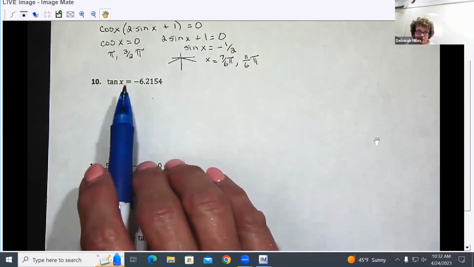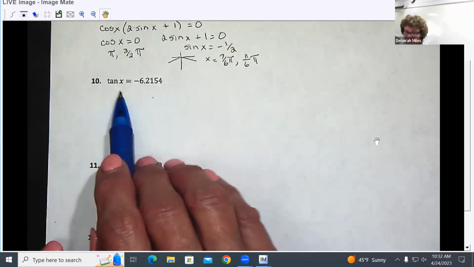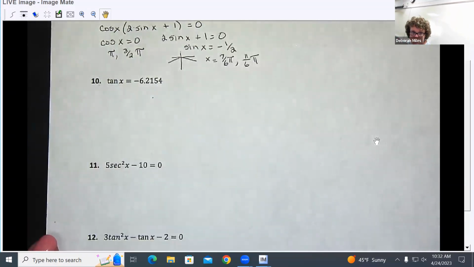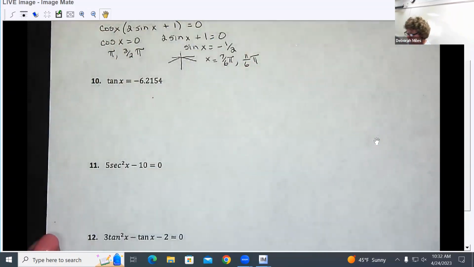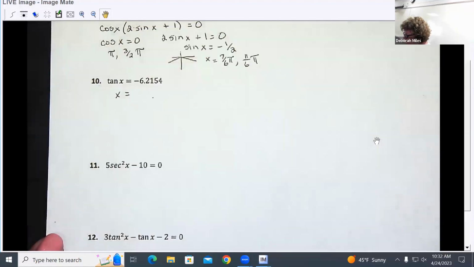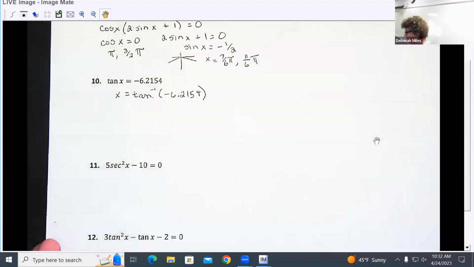That tells me I'm going to have to use my calculator, and I'm going to have to use inverse tangent to undo this tangent. So I could take inverse tangent of both sides. On the left-hand side, that would just leave me x. And on the right-hand side, I'd have inverse tangent of -6.2154.